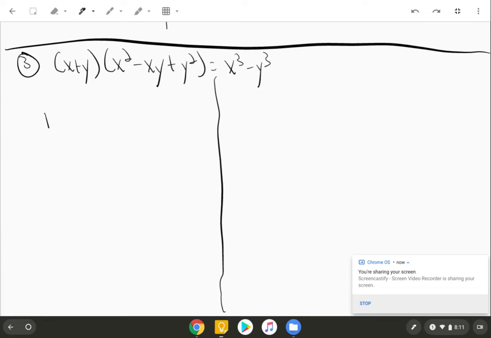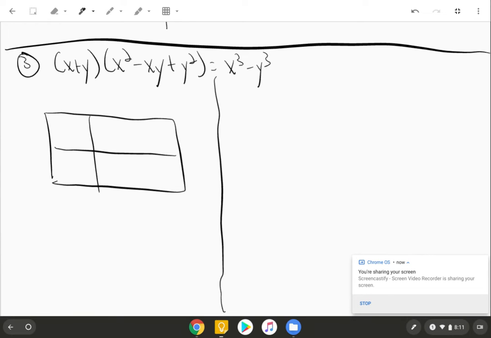So to simplify the left-hand side, I am going to, once again, use the box method. So x plus y. Again, just because there's two variables is not going to change the way that I solve this problem. So let's look at row one.